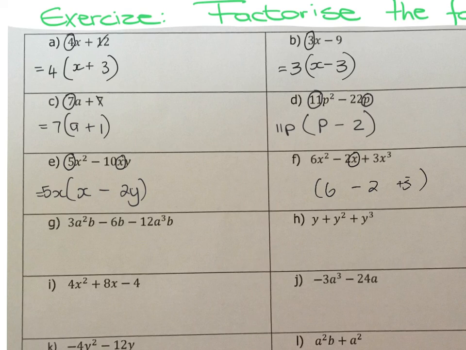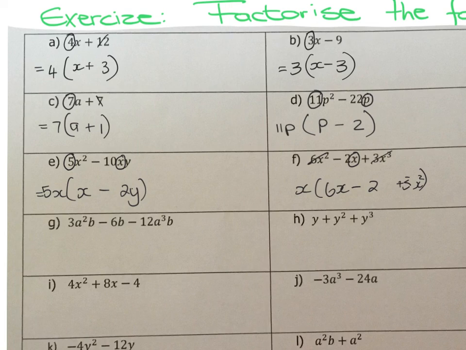To the first one, x goes into x squared, so there's 1x left, and x goes into x to the power 3, so there's x squared left. So I put my common factor in front, and that gives me x bracket 6x minus 2 plus 3x squared. And if you now go and check it, you'll find that if you multiply it out, 6x squared, that will be 2x, and that will be 3x to the power 3.